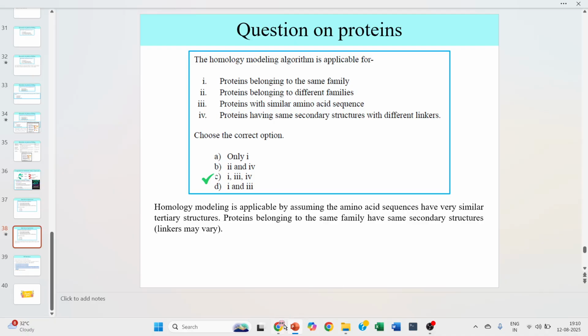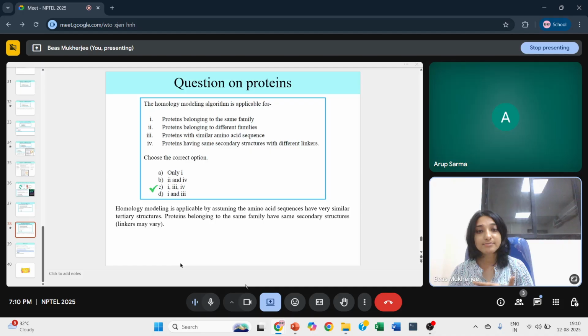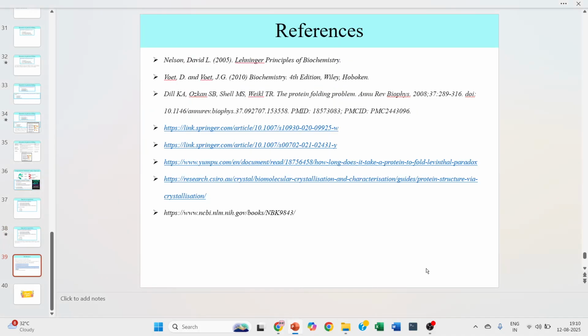Proteins belonging to the same family have the same secondary structures. The linkers may vary. So 1, 3 and 4 are correct. Proteins belonging to the same family are homologous and have a similar amino acid sequence, and therefore they will have similar secondary structures, right? So yeah, that is homology modeling.